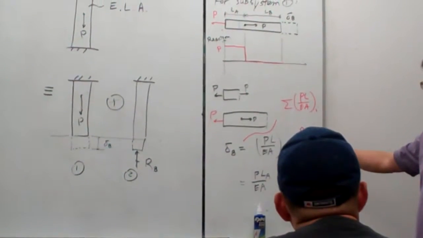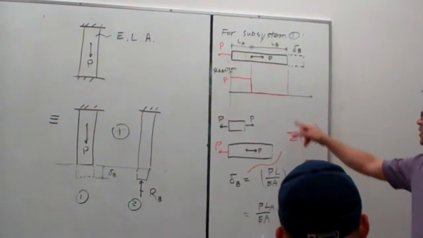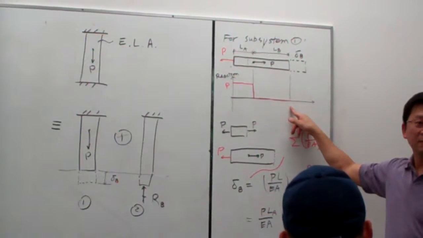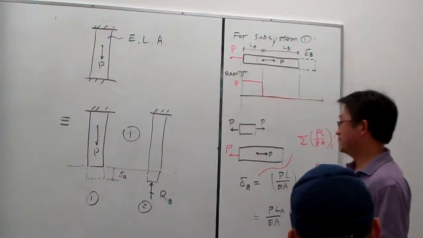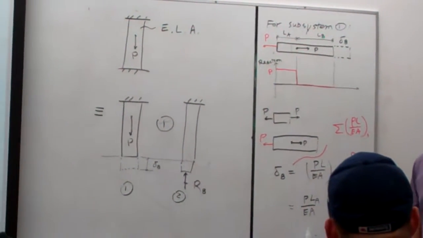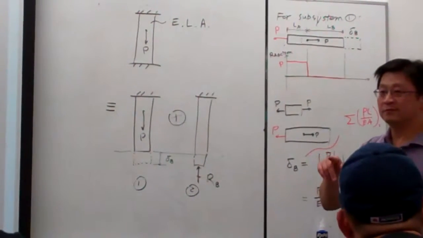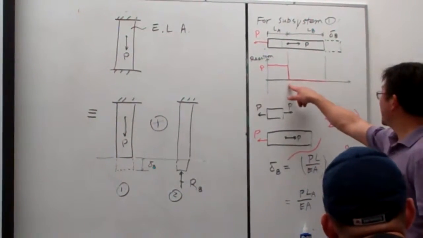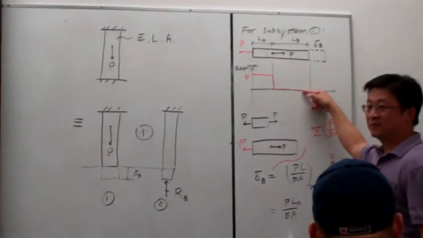Adding together. Yeah, so it's 2. And this is 0. Okay, and now we have solved the delta B. So is the second one P equal to 0 because there's an internal force P? Yes, because the internal force P equals 0 here.